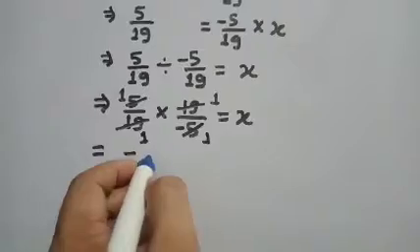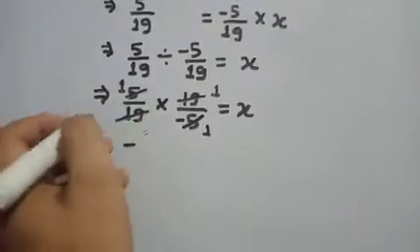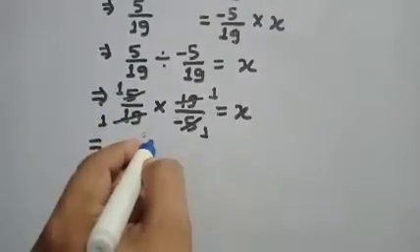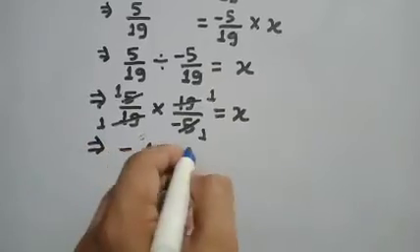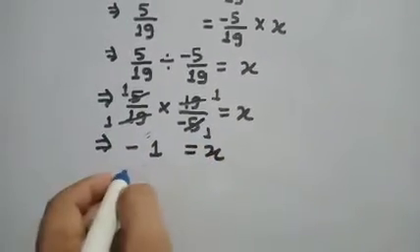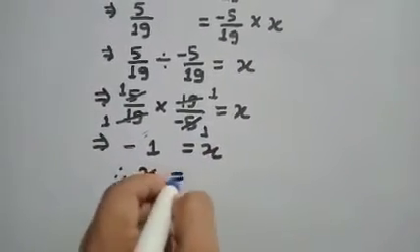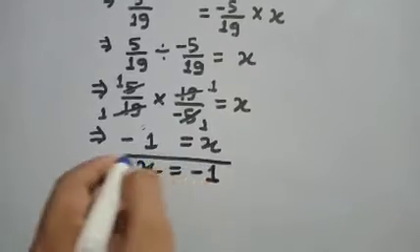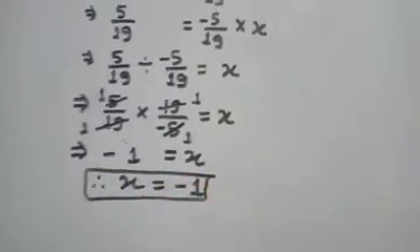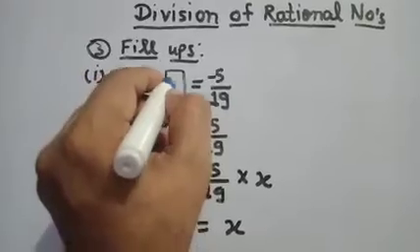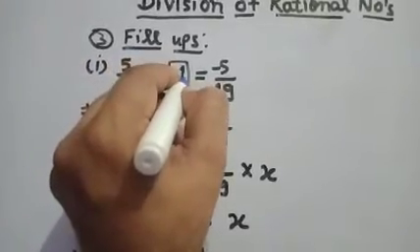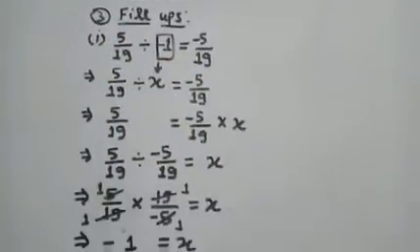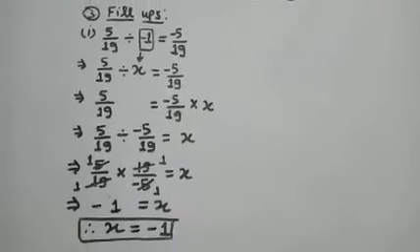Then 1/1 is called 1. So x is equal to minus 1 will be the result. So put minus 1 inside the box. I hope you understand this process.